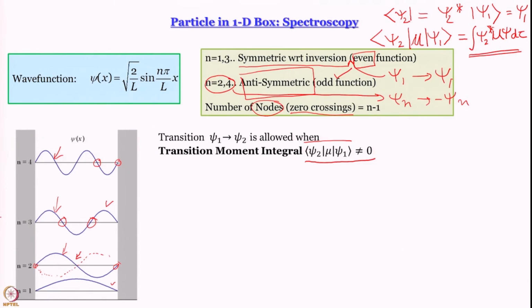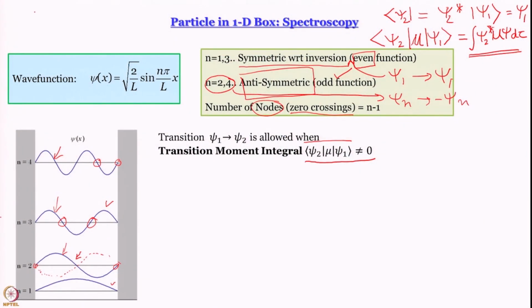Now, coming back to our original discussion, how do we know whether this integral is going to be 0 or not? Well, let me write on this side so that I do not have to erase it later on. See, an integral is non-zero when, let me call the integrand I, what happens if I changes sign upon inversion?